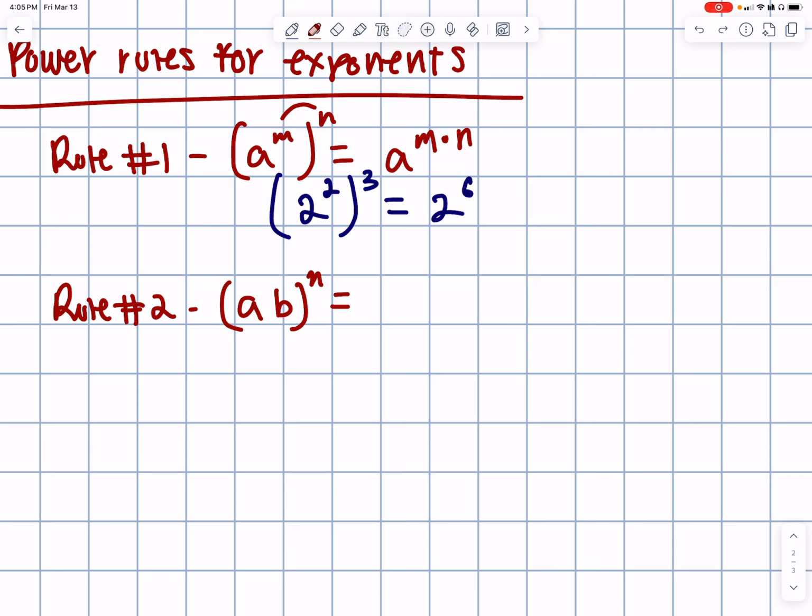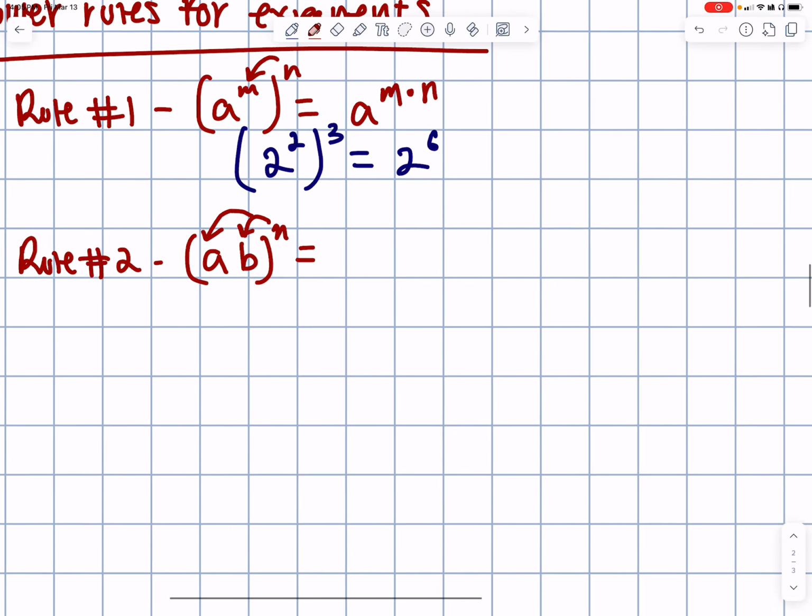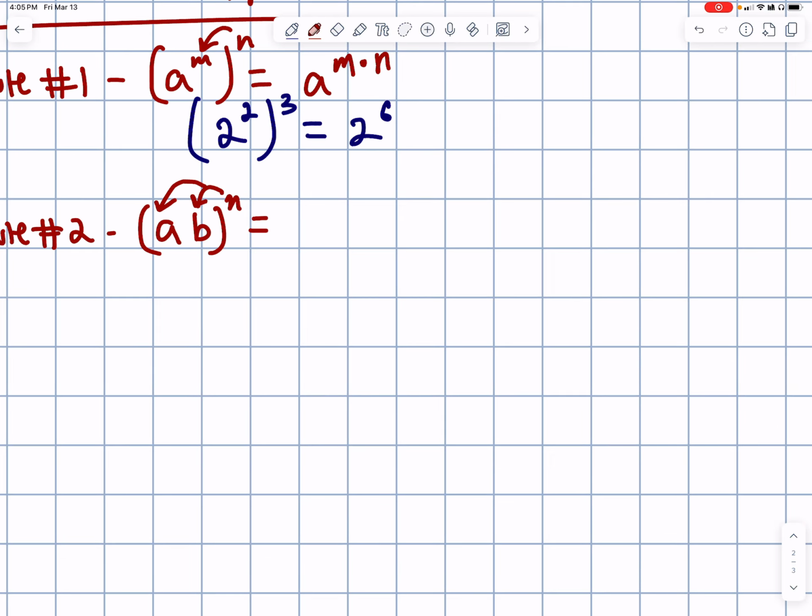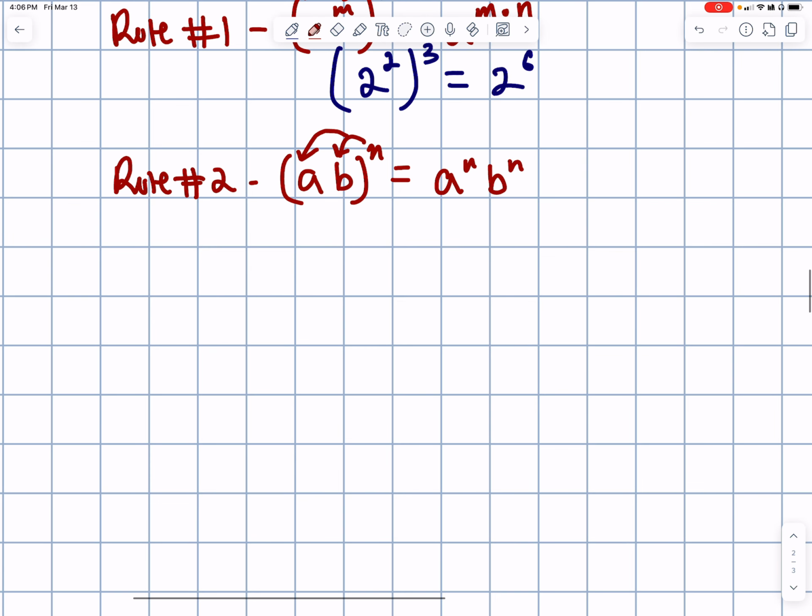The n is being multiplied to the m. Same thing here. We'll keep that arrow there. That's what it means essentially. It equals a to the n and b to the n.